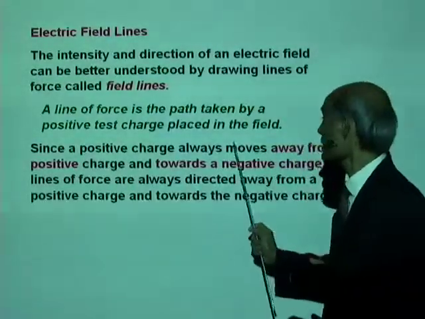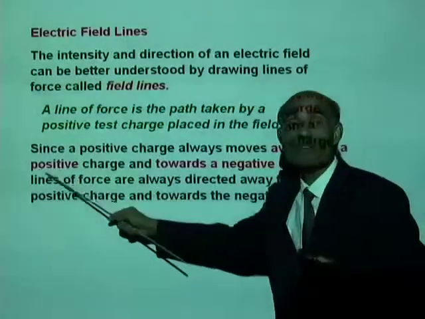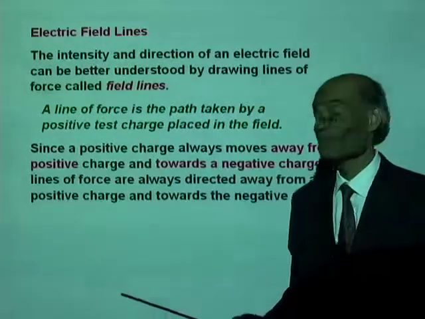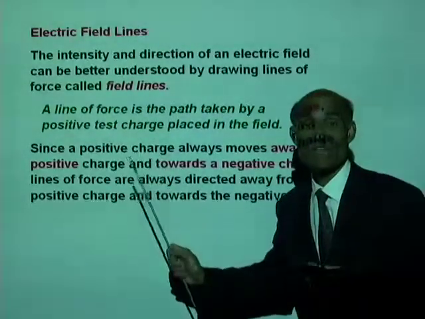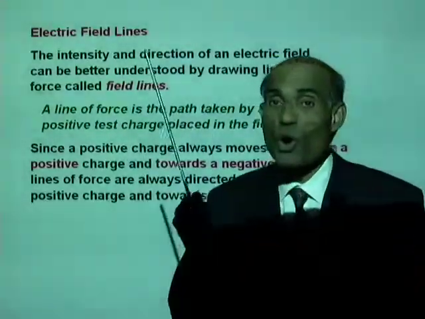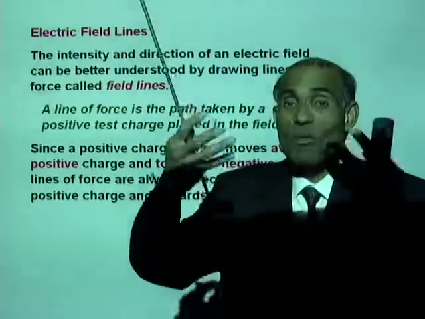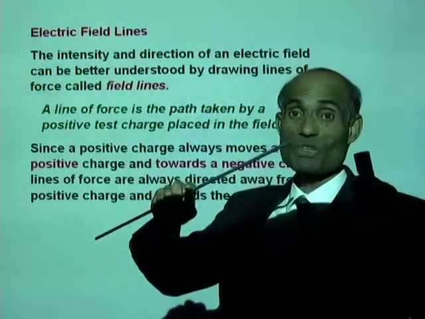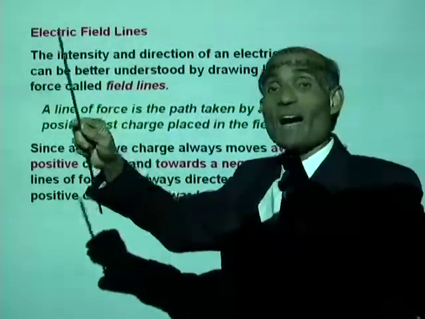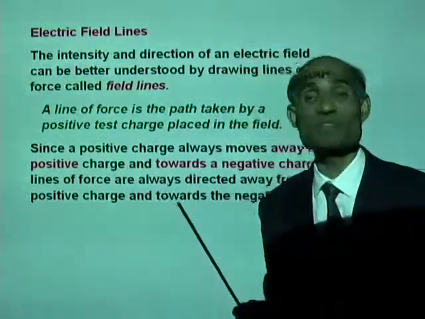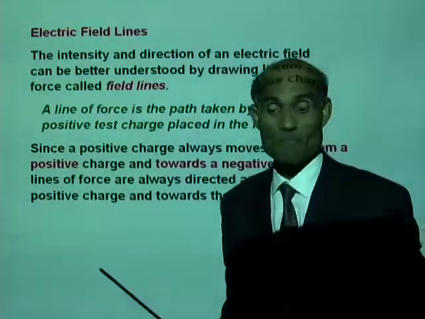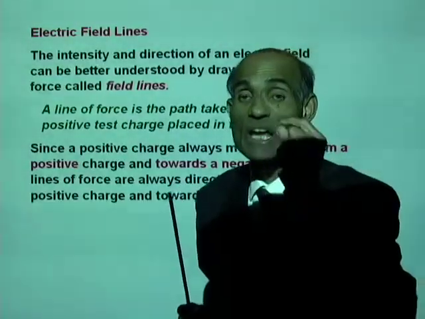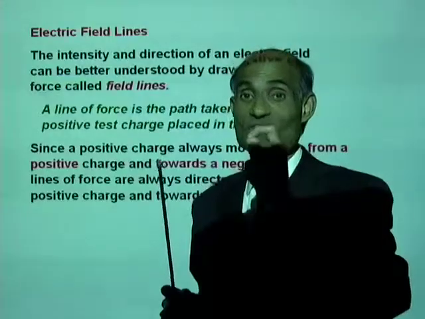Since a positive charge always moves away from a positive charge and towards the negative charge, the field lines will always originate at a positive charge. Is that right? Lines will be starting at a positive, going away from it, and going towards a negative charge. Did you understand that? A line of force is the path taken by a unit positive test charge.